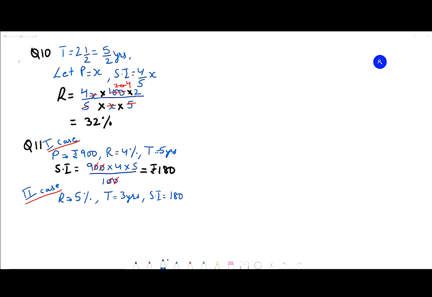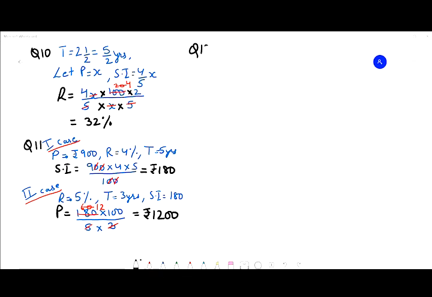And you have to find out the principal. And the formula for the principal will be SI multiply with 100 by R into time. Now I'll cut it 3, 60, 5, 12, and 12 into 100, the principal will be 1200. So we have completed the question number 11.